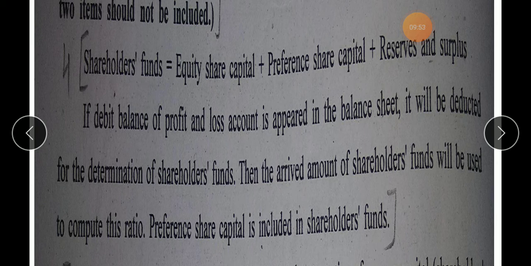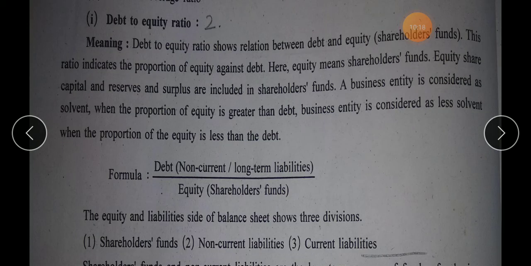You know very well what are reserves and surplus. But an important point that they've highlighted is that if there is debit balance of profit and loss account, it will be deducted from this.